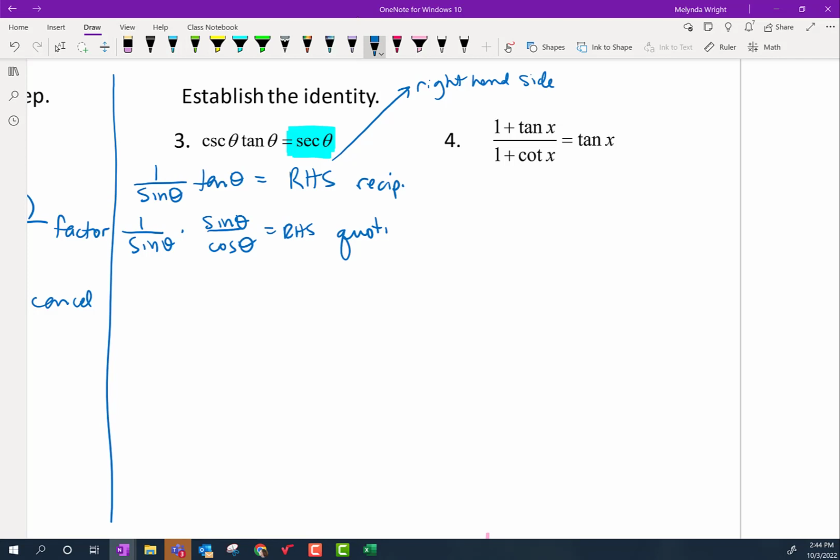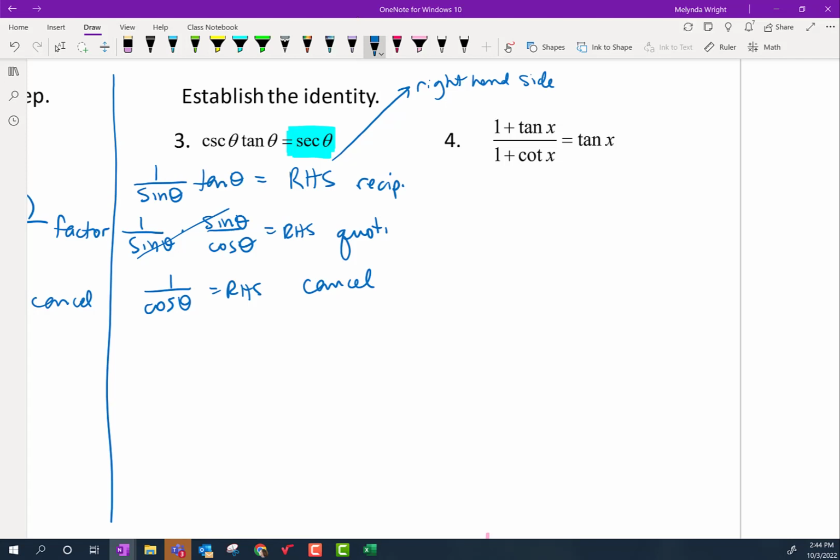And so we see that we're getting close to the answer. So at this point, I simply want to cancel, and I have 1 over sine equals RHS, and my reason is cancel. Oh, cosine, thank you. 1 over cosine, and I canceled.